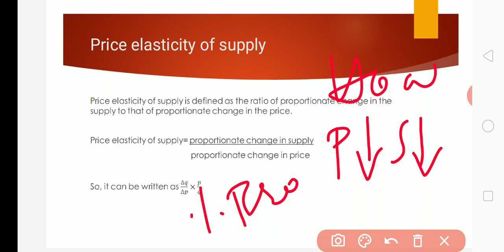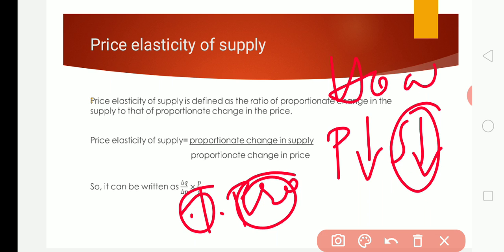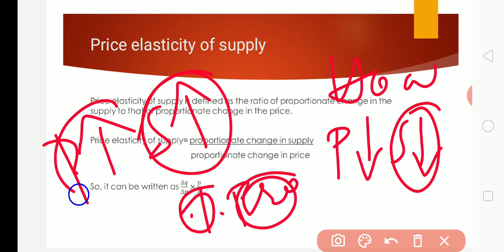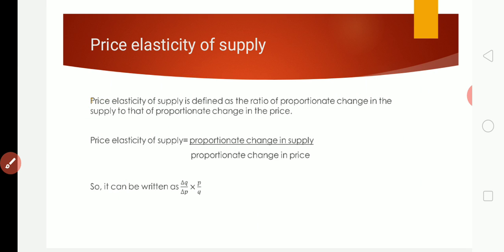So in order to explain what percentage or proportion the price is changing, and how much the supply is going to decrease, or when the price increases, how much the supply is going to increase, to show that percentage and proportion, we use the price elasticity of supply.